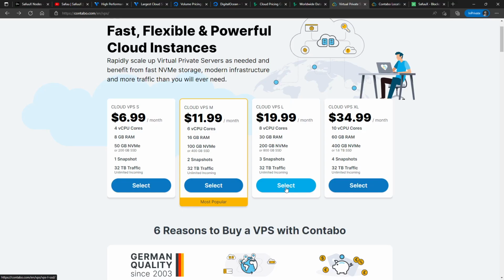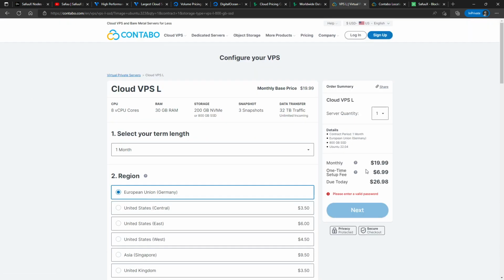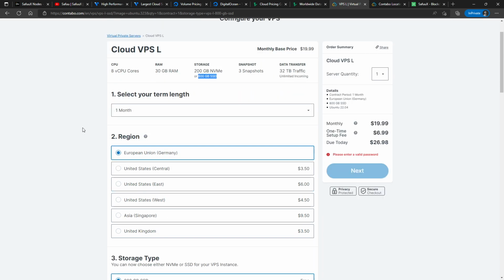So I'm going to select this one at $19.99 per month, and it gives me actually more power. It gives me a lot more physical memory than the 8 gig required, but I also have this 800 gig SSD.